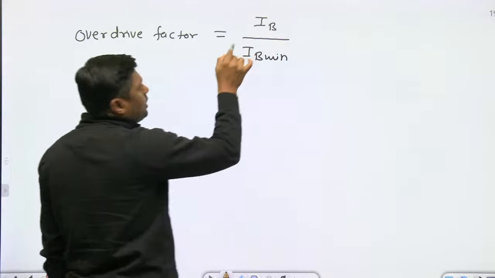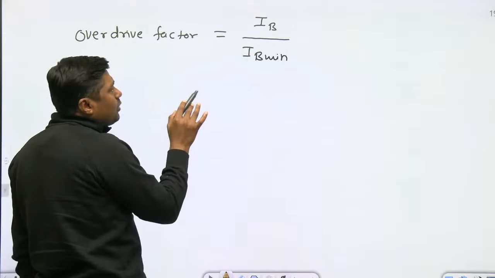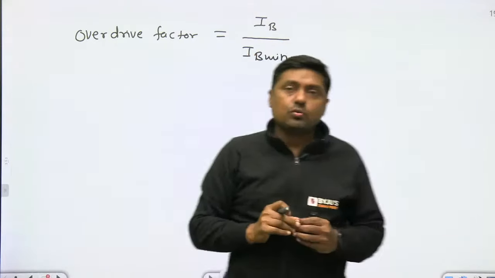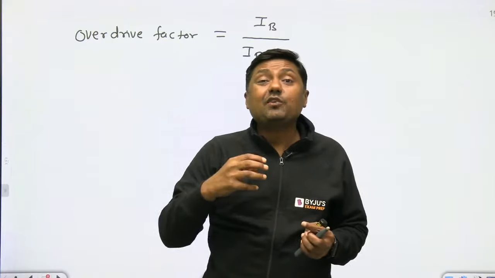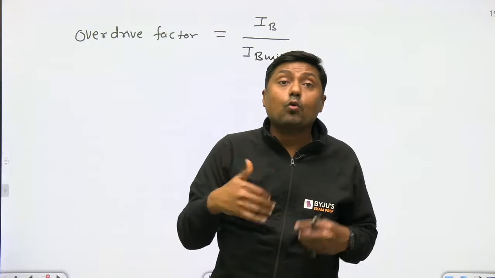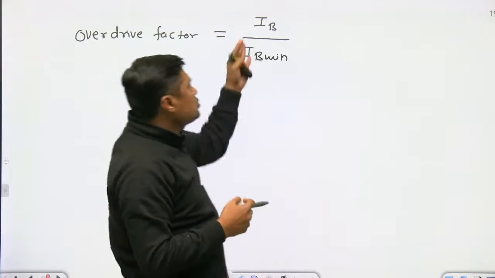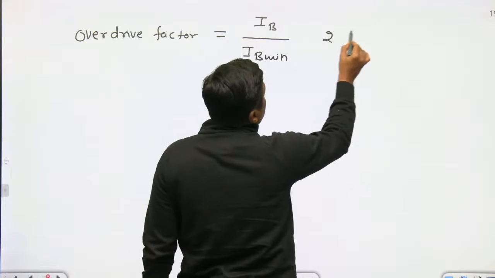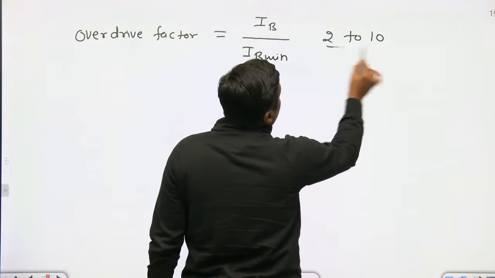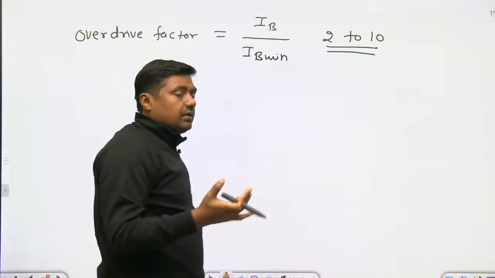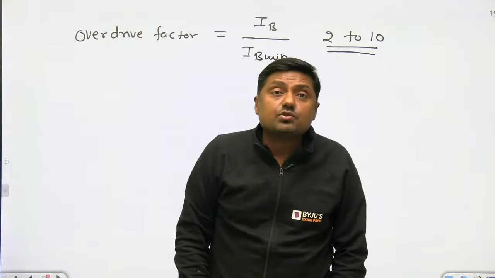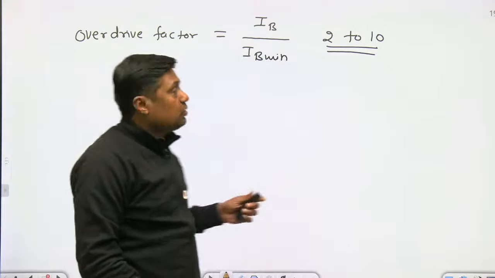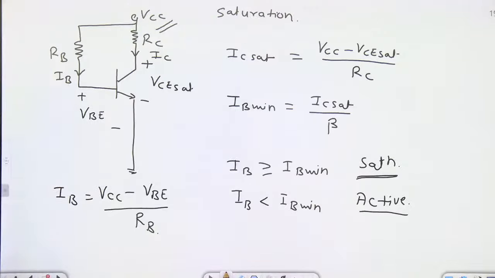Right? IB upon IB minimum. When we calculate, we get the ratio of these two. That will give you the idea of the overdrive factor, over saturation. If suppose it is 2 times or 5 times or 10 times, then it is oversaturated. So that is the answer for this one. So overdrive factor will be a question.